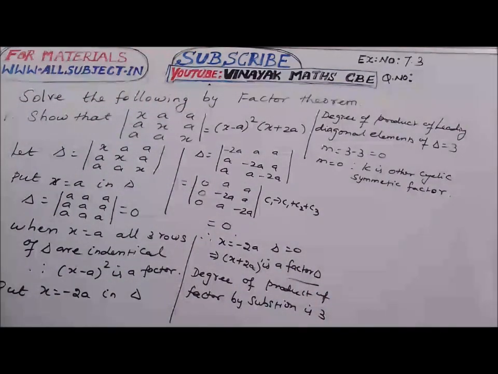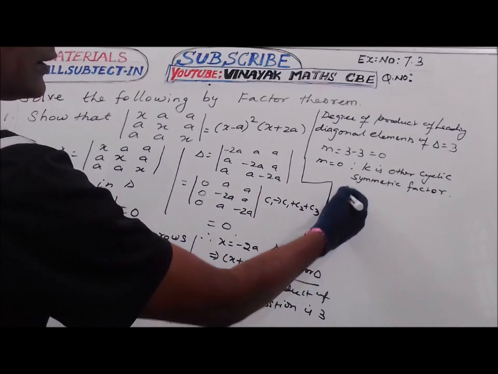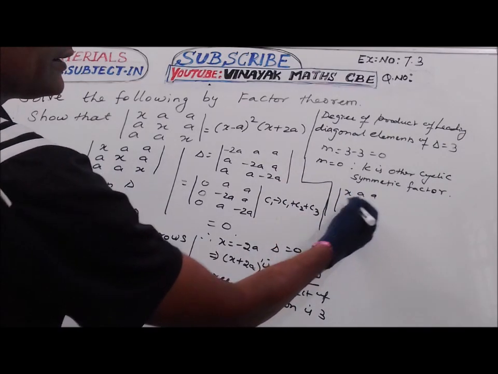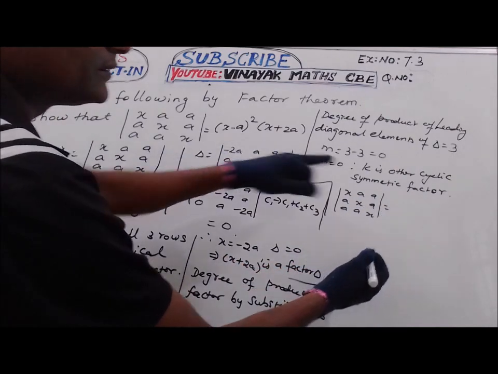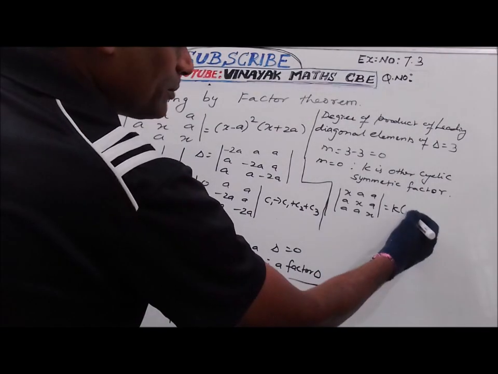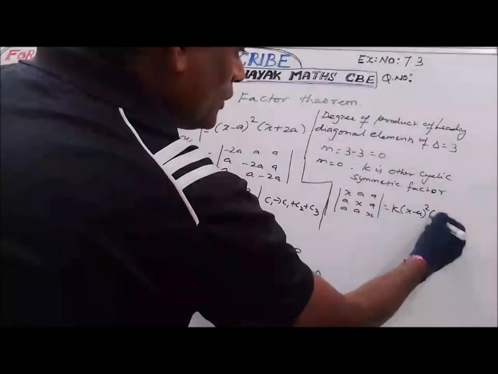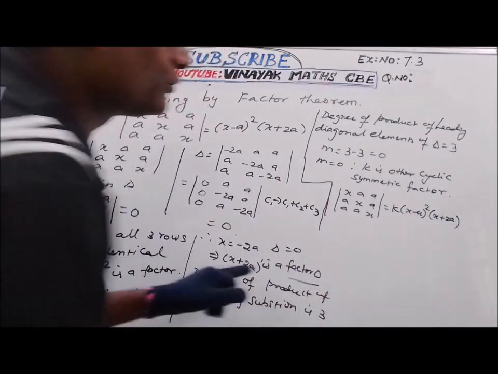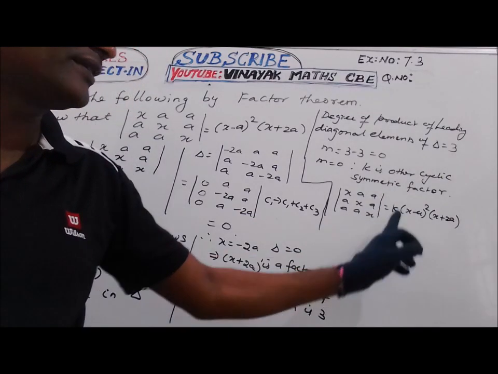So the total determinant delta, x a a, a x a, a a x, has the factors: cyclic symmetric factor k, another factor (x minus a) whole square, and one more factor x plus 2a. So the product of factors by substitution is (x minus a) whole square into (x plus 2a), and then k is a cyclic symmetric factor.